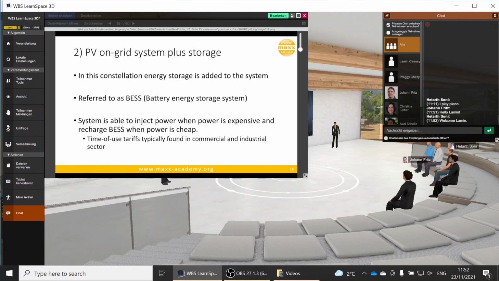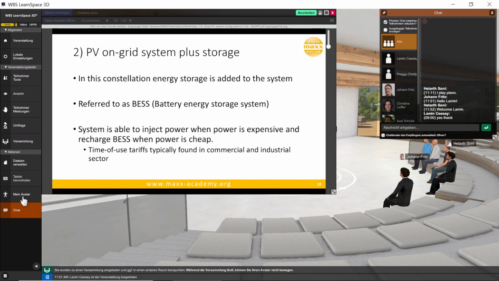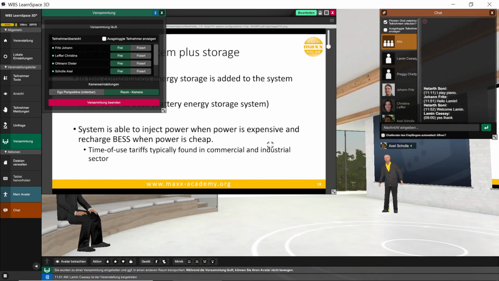But because commercial and industrial is typically quite a big consumer, you'd have to add a lot of battery storage, plenty of kilowatt hours, in order to make a meaningful contribution. So typically the backup would be around essential services, the tills, the lighting. I don't think it would be the cooling, because you would always expect that the cooling will hold over for two hours or so.